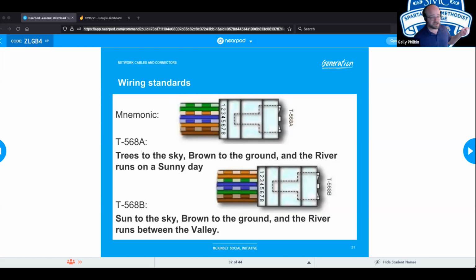If I throw a Cat 3 cable in on a Cat 6A network, all of a sudden everything can only talk as fast as the slowest device. So it slows everything down. So you can bring down an entire network by just using one of the wrong cables. So pay attention to your cables. They are very important. Although spanning tree protocol can kind of help you there, but again, beyond the scope of this course.